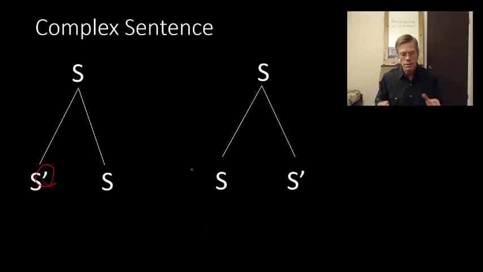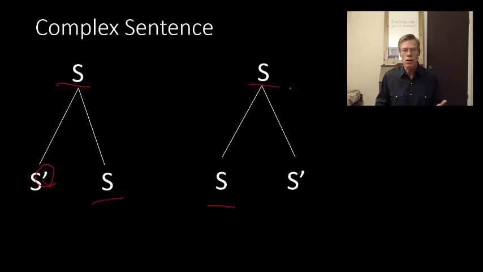And now you get that subordinate clause can combine together with a main clause, which is going to be these S's here, to form a complex sentence. The subordinate clause can either come before or after the main clause, the independent sentence.